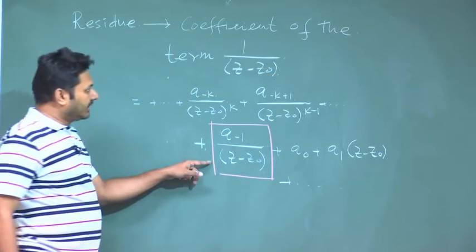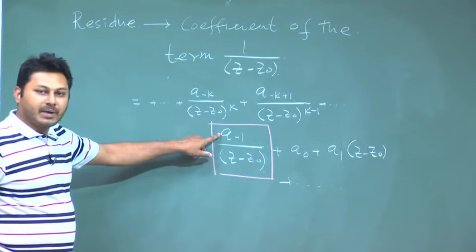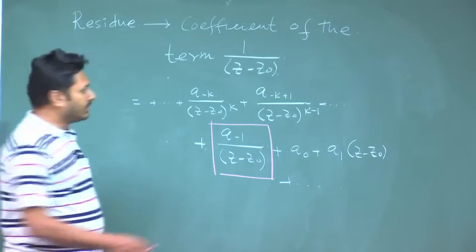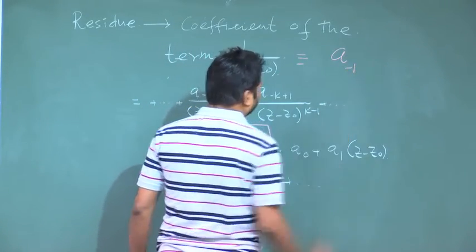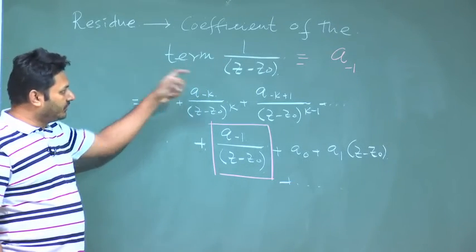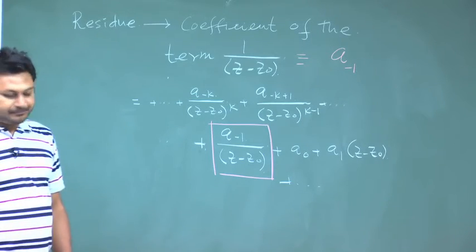Note that the coefficient of 1 divided by z minus z0 is a minus 1 according to our notation. This coefficient is termed as residue.